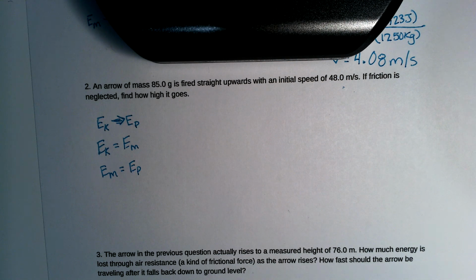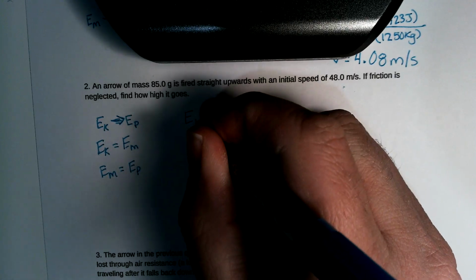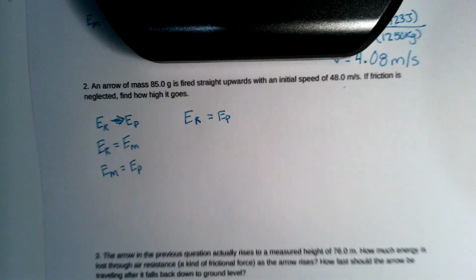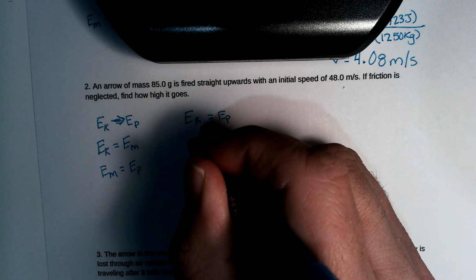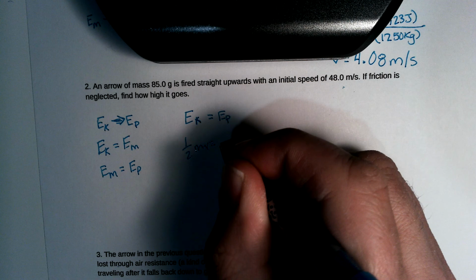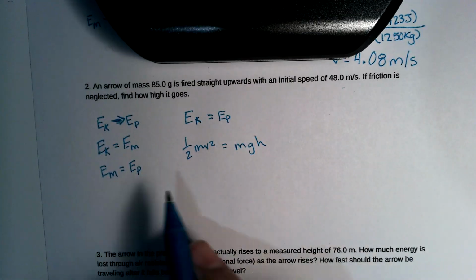Remember, at the highest point, the arrow will have no kinetic energy because it will stop and then start coming back down. So really, our kinetic energy initially equals our potential energy at the final. Kinetic energy is equal to 1/2 mv squared, which is equal to mgh. There are two ways to solve this.